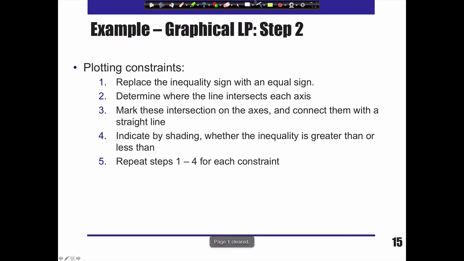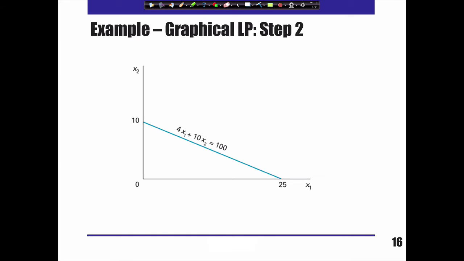And then second, we plot all the constraints. What is this? This is the constraint 4x1 plus 10x2 less than or equal to 100. This is the assembly labor hour restriction, right?